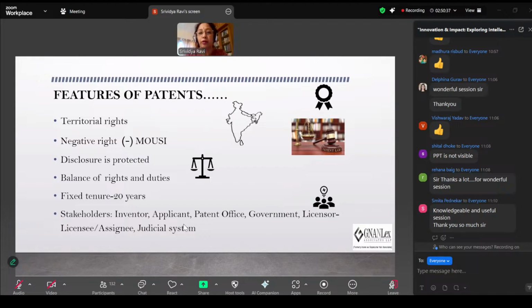You don't want to get into all of that, so you can license it to a third party, and then they will take the patented technology ahead. In the meanwhile, nobody can do any commercial activities with your invention. So that is what a patent right is all about.